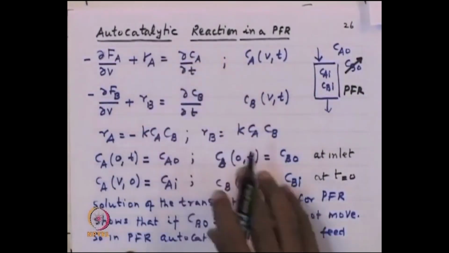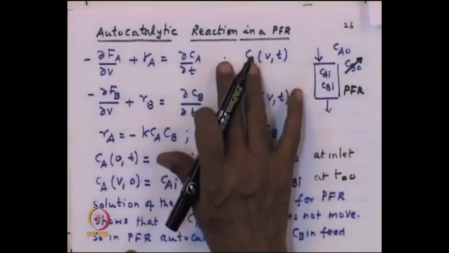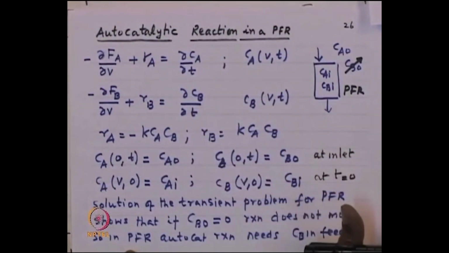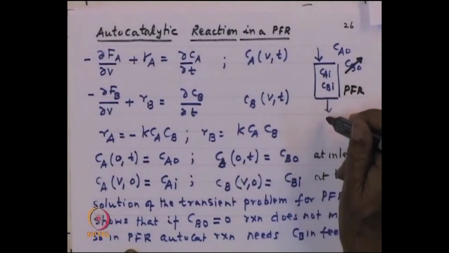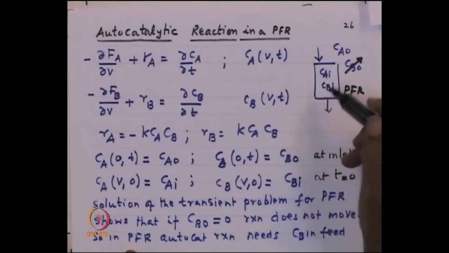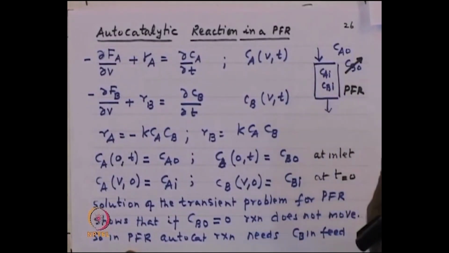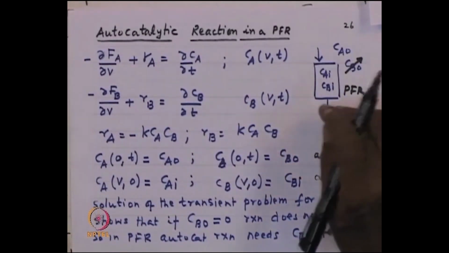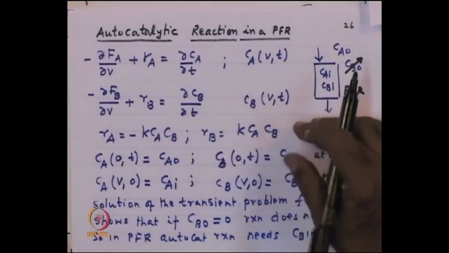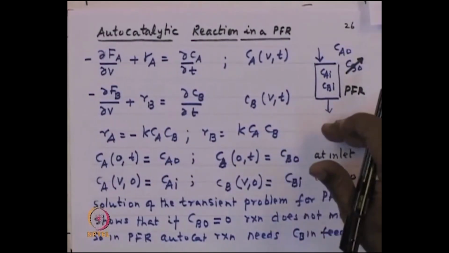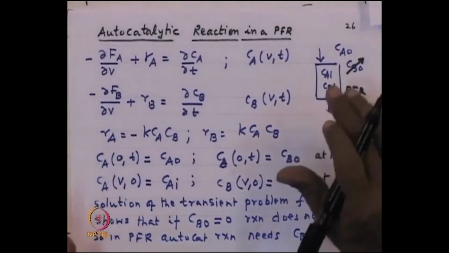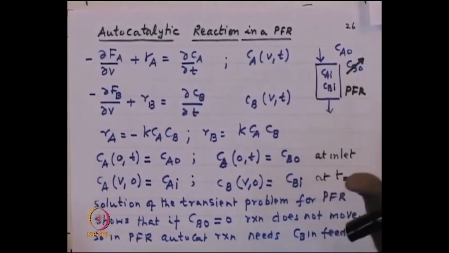Therefore, an autocatalytic reaction in a PFR will not take off, because there is no CB. Whatever CB was there has been knocked out, and as soon as the CB is knocked out, the reaction stops. So, in a CSTR, an autocatalytic reaction always goes forward, while in the case of a PFR, an autocatalytic reaction does not move, because there is no product.